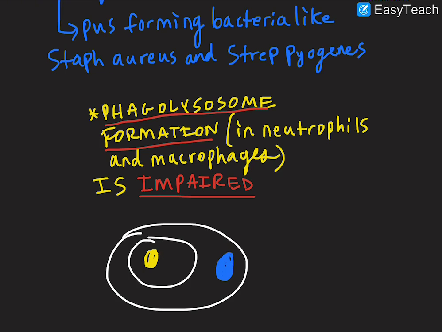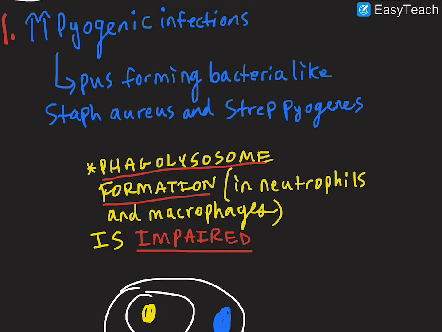If you can't, the pathogen will survive and you're going to have an increased risk of pyogenic infections. So it's actually going to be an increased risk of Staph aureus and Strep pyogenes, which we have written here. Pyogenic infections again means pus-forming bacteria that cause the infections. So just a review in terms there.